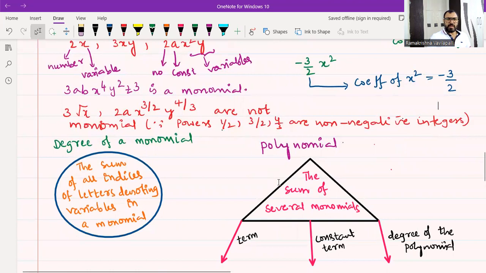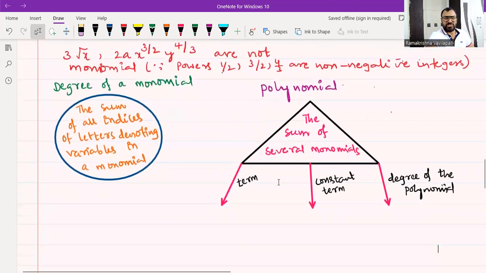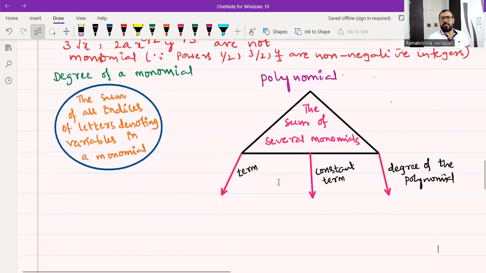So what is the degree of a polynomial? Degree of a polynomial means the sum of indices of variables which is a maximum, whose coefficient is not 0.